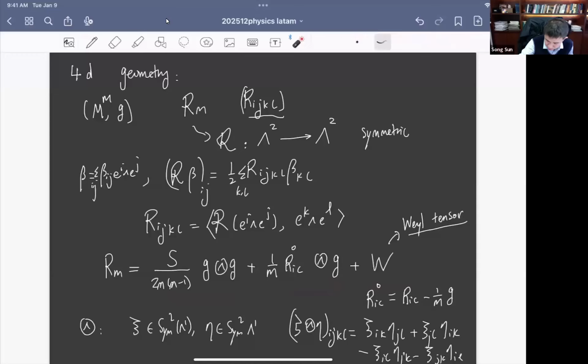Now, in dimension 4, the special thing is that this Λ² has a further decomposition. Dimension 4. Now we always fix an orientation. So when we talk about 4-dimensional manifolds, we have to choose an orientation.